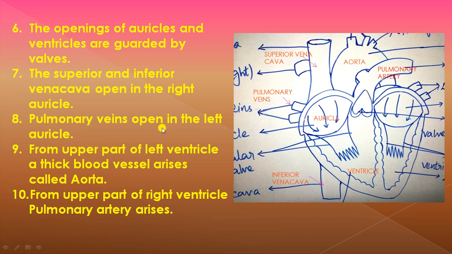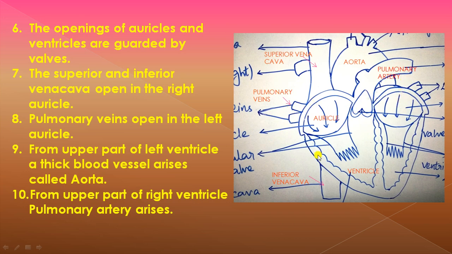Then pulmonary veins open in the left auricle. Here you can see these are the pulmonary veins. So where do they open? They open in the left auricle. Superior vena cava and inferior vena cava open into the right auricle. Pulmonary veins open into the left auricle.